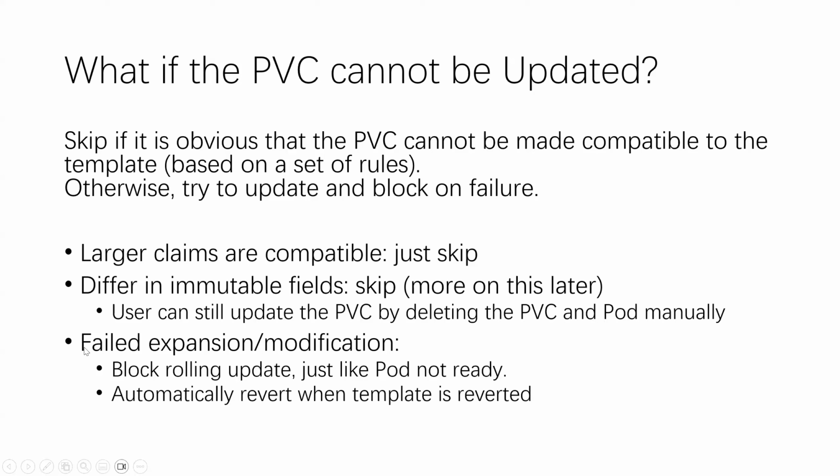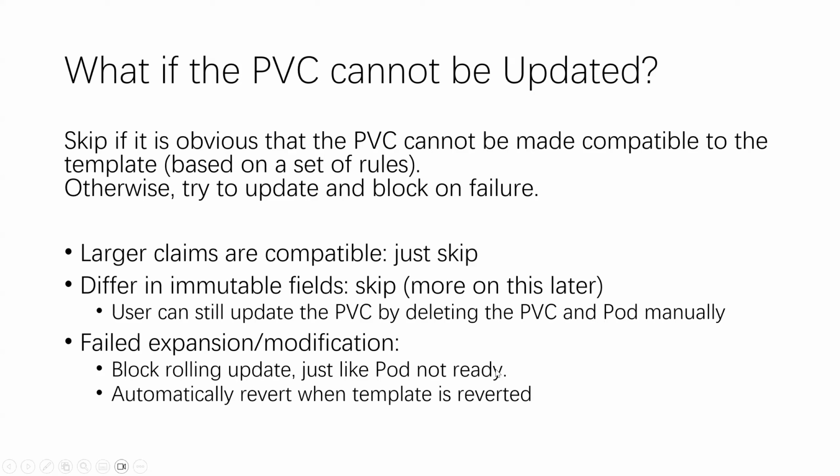So what if the expansion and modification failed? For example, we may not have enough space for the PVC, or we have some permission issue or anything. If this happens, we just block the rolling update, just like a pod that is not ready.